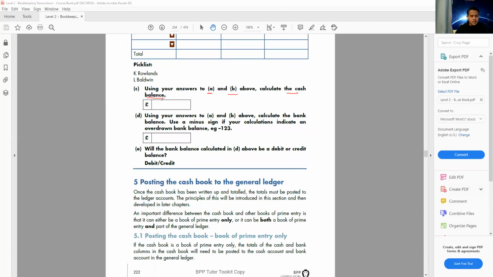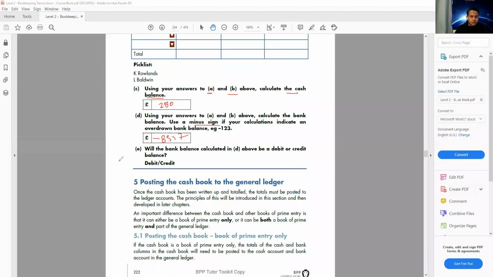That is 230. And they're asking, using your answers A and B above, calculate the bank balance. Use a minus sign if your calculation indicates an overdrawn bank balance. So if the bank is overdrawn, then use the minus sign. Now, how much was the balance for the bank? 8537. Very well done, Nehal.